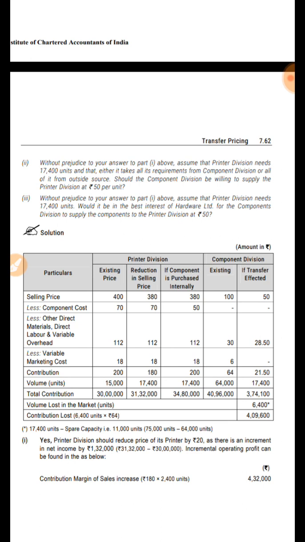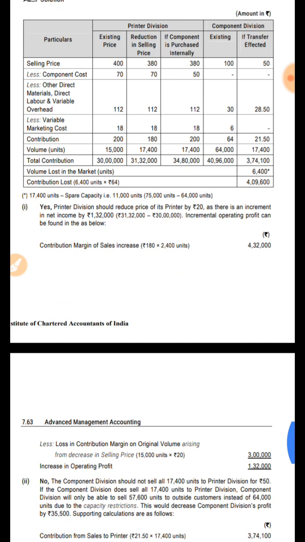So it is saying, let the component division supply to the printer division at rupees 50. Though it will be unfavorable to the component division, whether it is going to be in the best interest of Hardware Limited. So let's check.